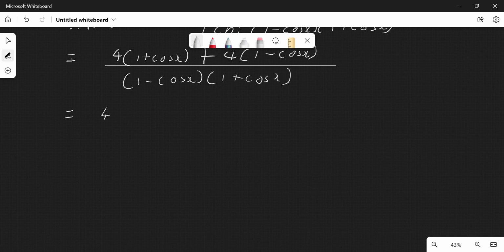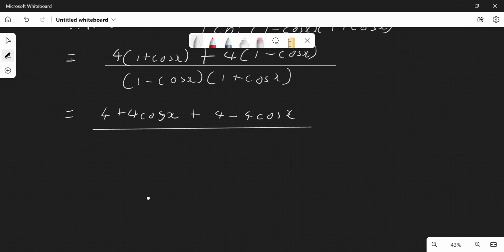We're going to have 4 plus 4 cos x, my bad, 4 minus 4 cos x. That is all over a difference of two squares scenario, which is 1 minus cos squared x.